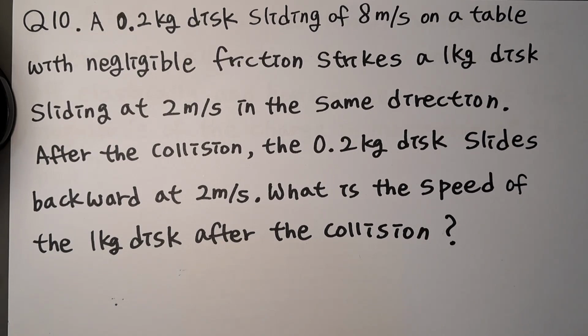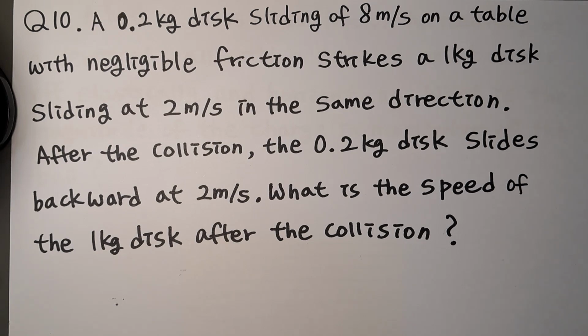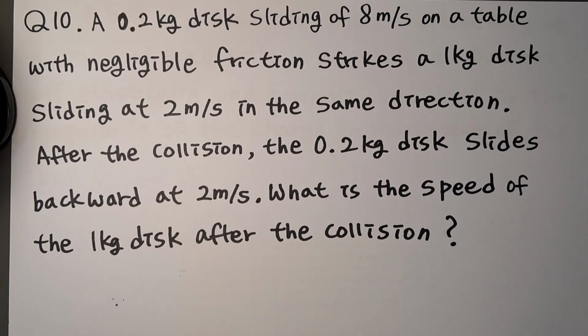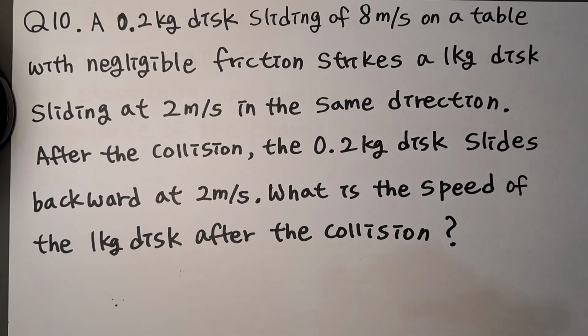A 0.2 kilogram disc sliding at a meter per second on a table with negligible friction strikes a 1 kilogram disc sliding at 2 meters per second in the same direction. After the collision, the 0.2 kilogram disc slides backward at 2 meters per second. What's the speed of the 1 kilogram disc after the collision? Use conservation of momentum.